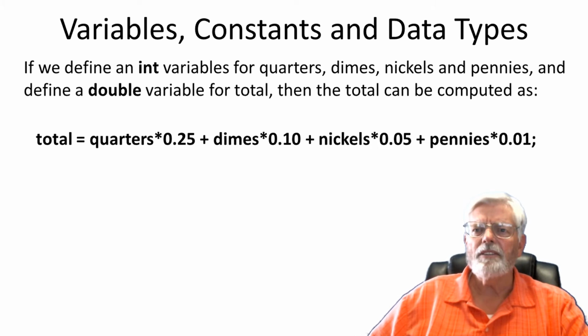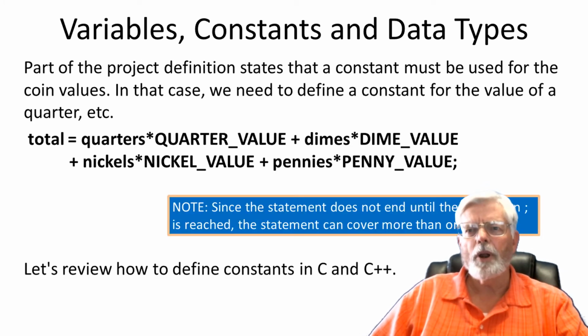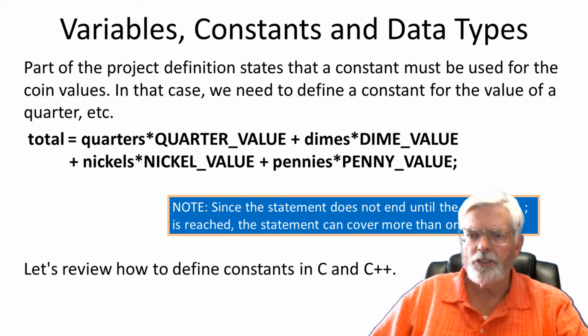If we define int variables for quarters, dimes, nickels, and pennies, then the total can be computed as total equal quarters times 0.25 plus dimes times 0.10 plus nickels times 0.05 plus pennies times 0.01. Part of the project definition states that a constant must be used for the coin values.